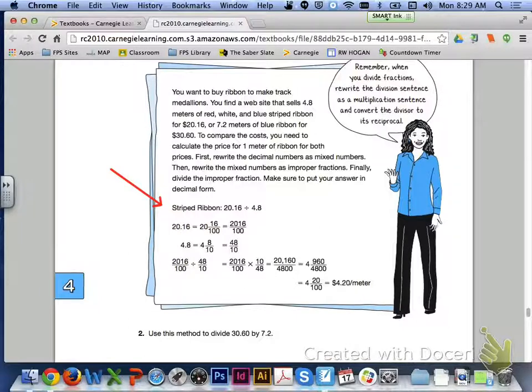If you take a look at the example, they have the striped ribbon for $20.16 and 4.8 meters. They have that work that is done for you. So again, they converted the decimals into mixed numbers, which you can see right here.